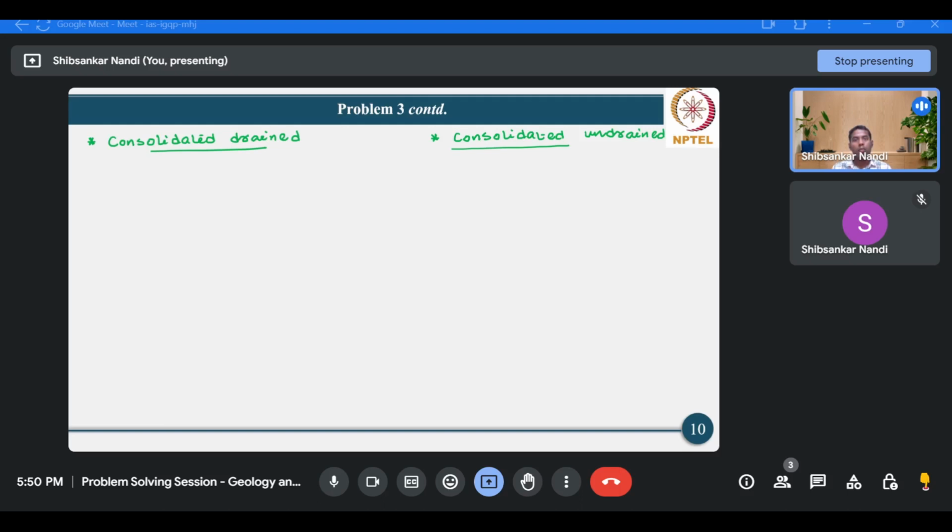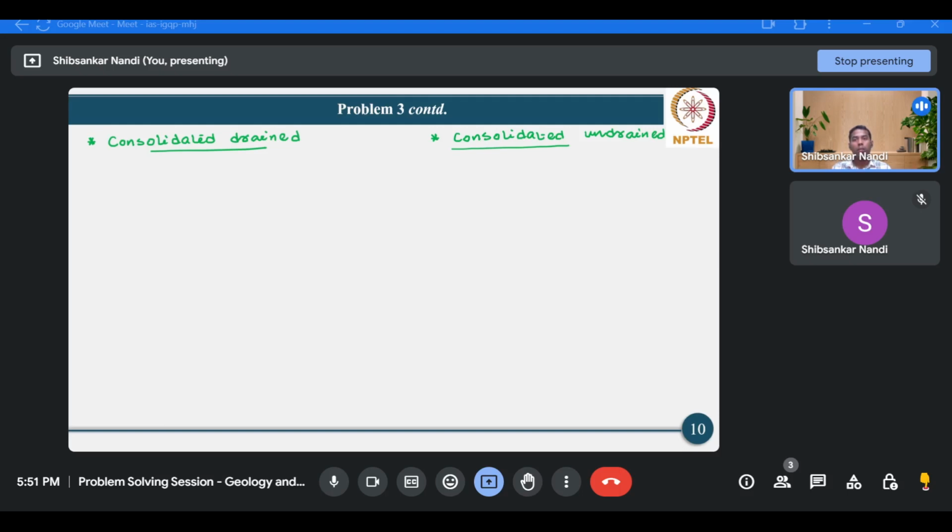However, if the drainage valve is open for the consolidation phase and it's not opened for the shearing phase, then it will be termed as consolidated undrained. And if it remains closed throughout the test, considering both the phases, then it will be termed as unconsolidated undrained test. So these are the three classifications of any triaxial test.